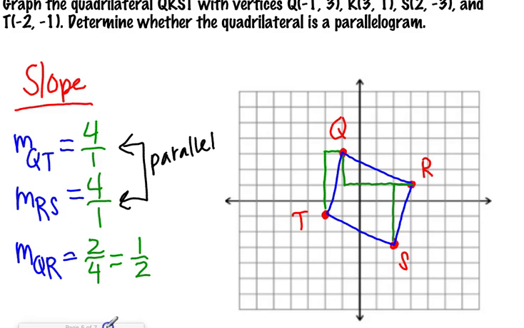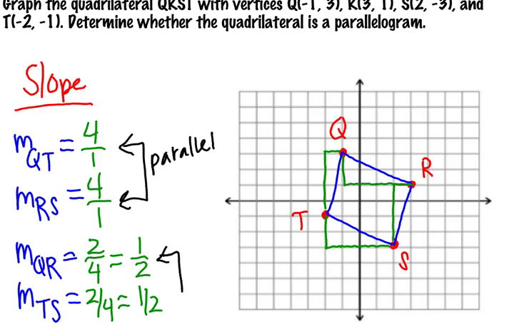Now let's check our final slope here of TS. So let's see how many I go down from T. 1, 2, and get to S. 1, 2, 3, 4. 2 over 4, again, that reduces to 1/2. So I see that they are parallel.